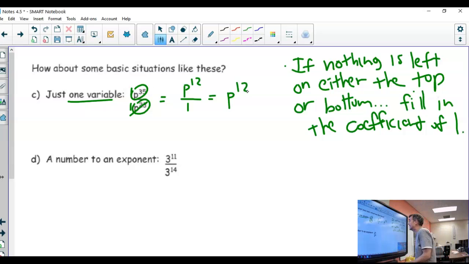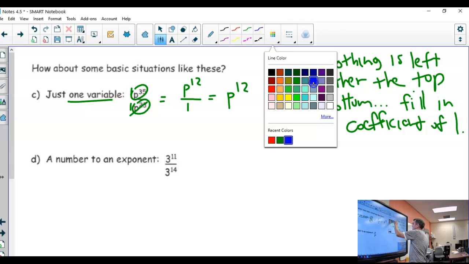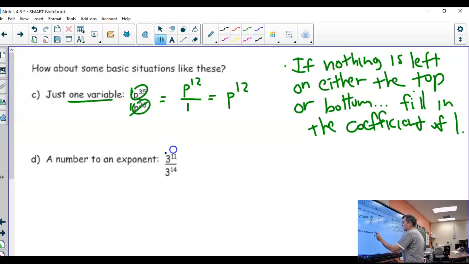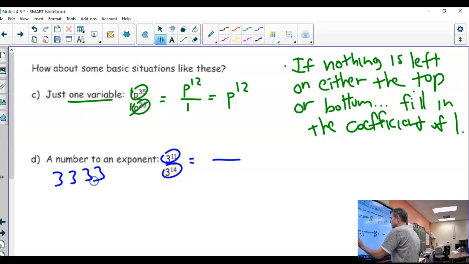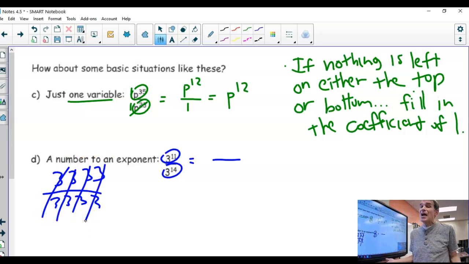However, in this next example, when there's 11 3's on top and 14 3's on the bottom, now when I cancel out the common factor, I got a bunch of 3's on top, I got a bunch of 3's on the bottom, right? And I start canceling them out. I run out after 11, right? There's no more 3's left on top after 11 of them.